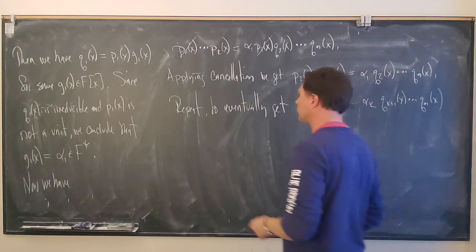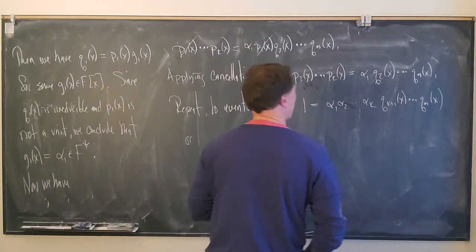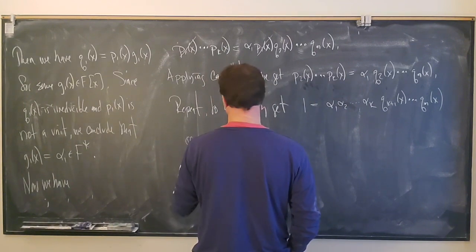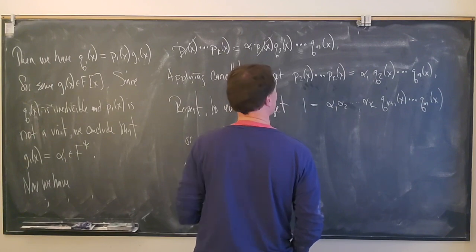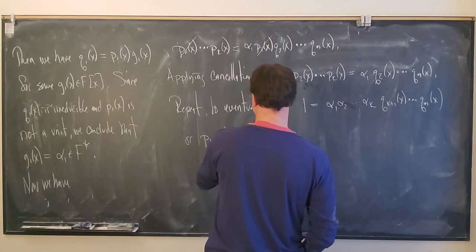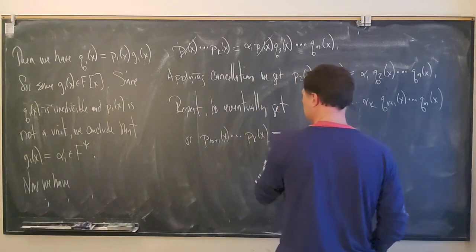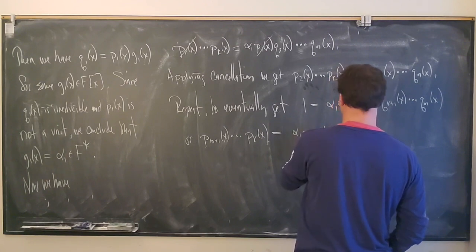Or if we cancel on the other side, what we'd eventually get is p sub m plus 1 of x dot dot dot p sub k of x equal to alpha 1 up through alpha m.